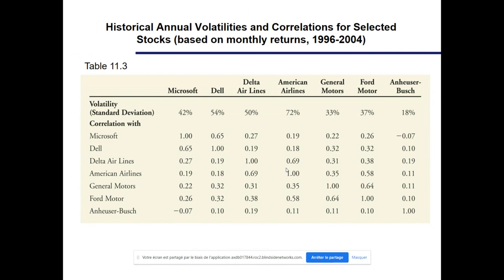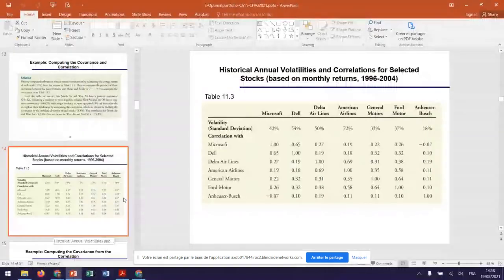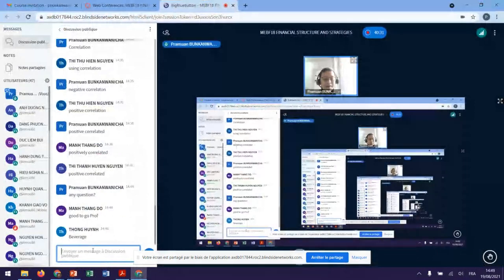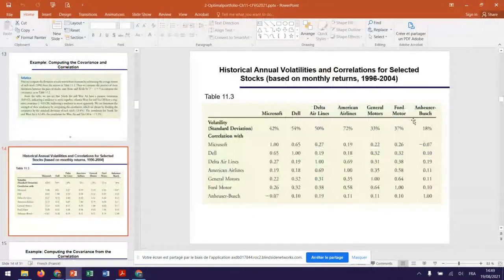What business are they in? Beverage, good. Beer and so on. So beverage seems to have lower return volatility than the computer, airline, or automobile businesses. After that you have the correlation of stock returns.